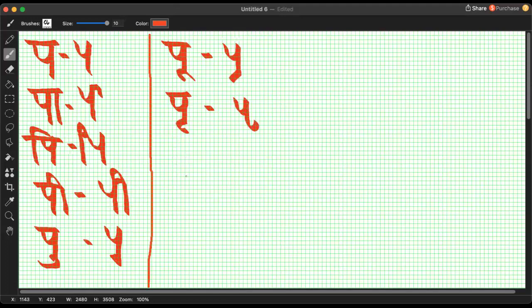Next, we have Pru. So we have first P, and then we'll first write R, and right below that, I'll write another curve here. This is Pru.